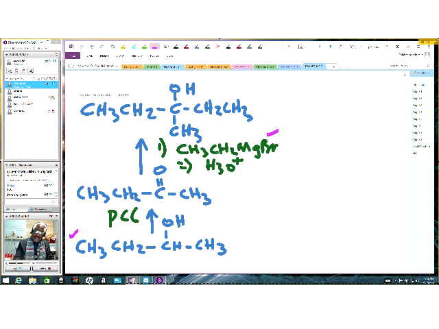So I will use an aldehyde with a Grignard, step 1, and then step 2.